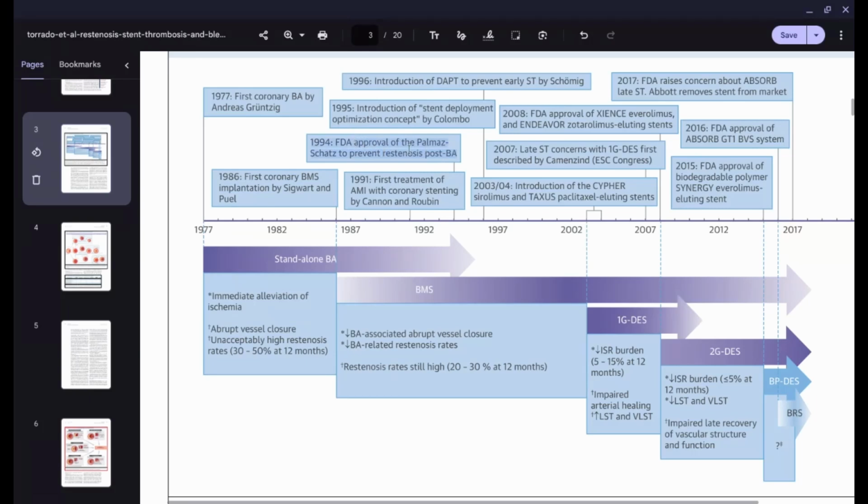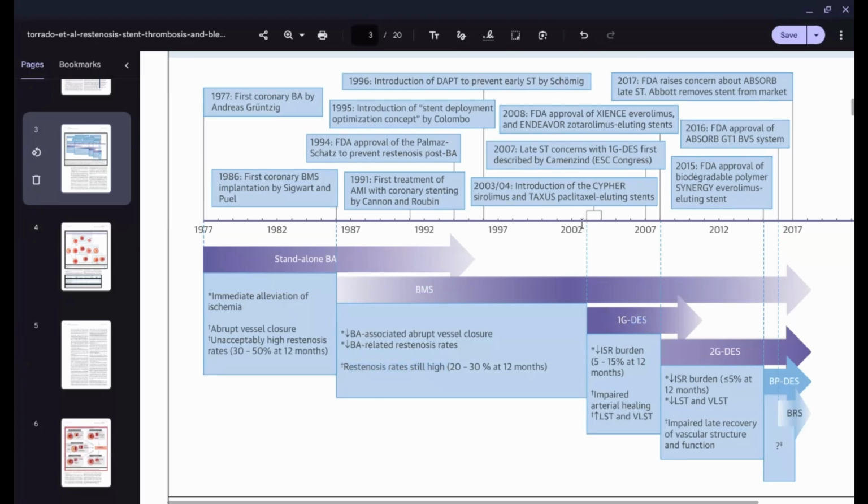How do you prevent restenosis? A couple of these studies happened over here. So you have balloon angioplasty starting in the 1980s. You have the bare metal stent. This is better than balloon angioplasty, but restenosis rates are still high. You have drug eluting stents.